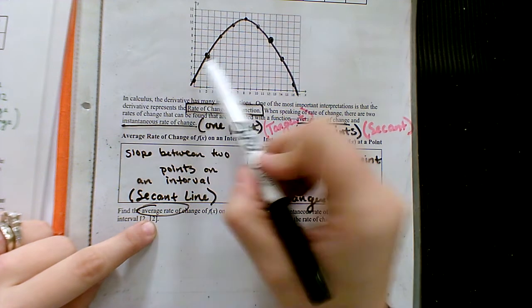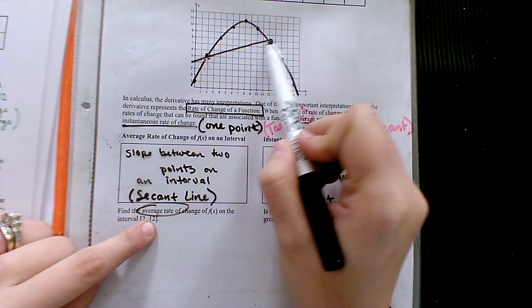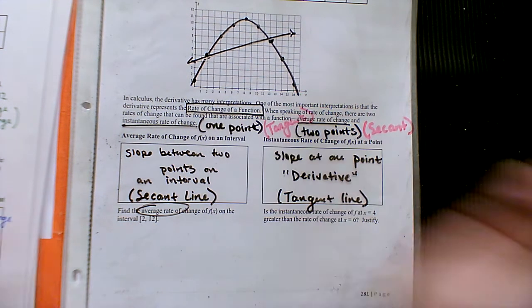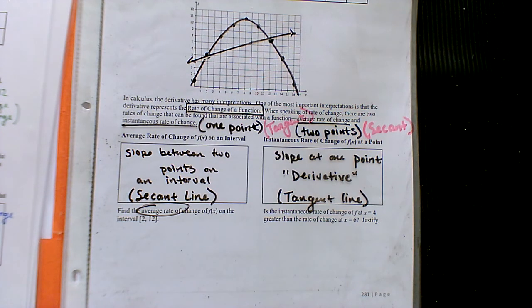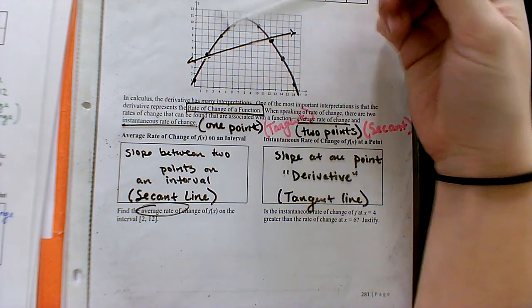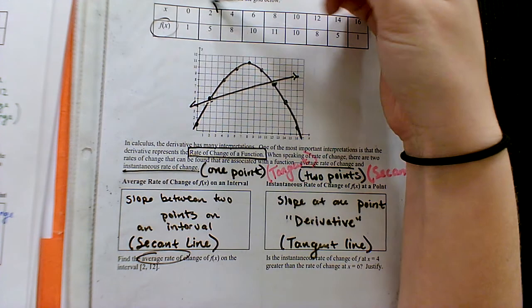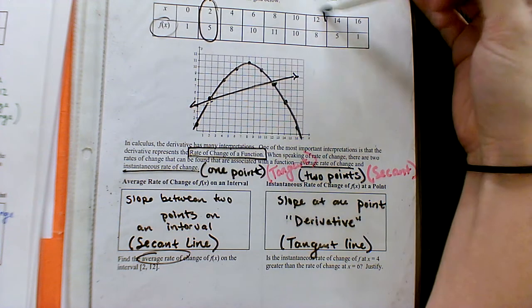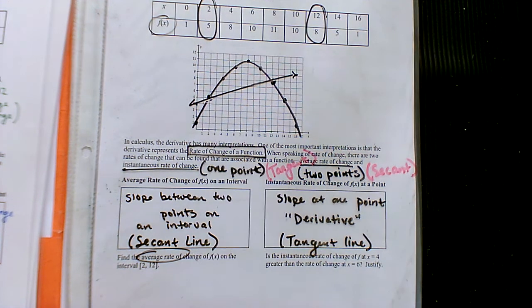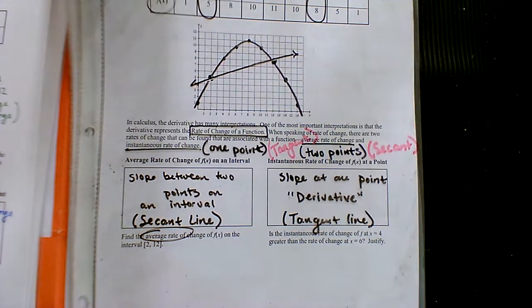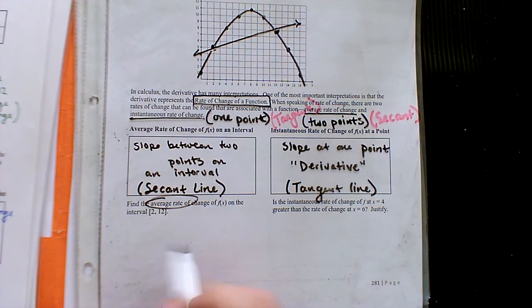And if you were to connect those, that secant line is going to represent our average rate of change. Or I guess more specifically, the slope of the secant line would be our average rate of change. So we're going to find the slope between these 2 points. Graphically, if you want to do rise over run, since we have a picture, that's fine too. You could also use the points in the table to help us find the slope. So it's basically up to you how you want to calculate it.